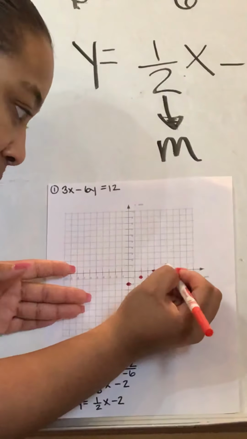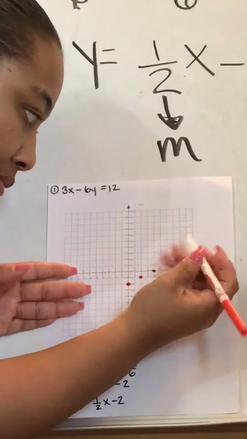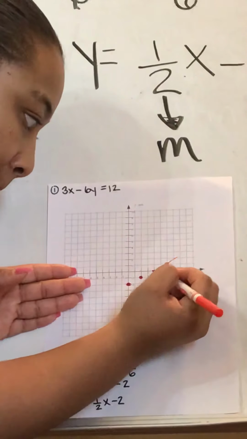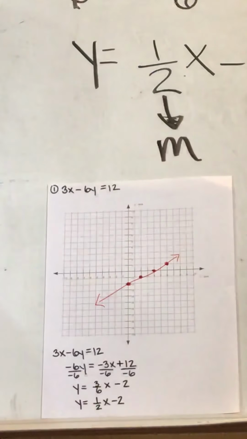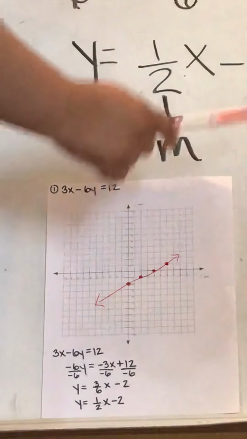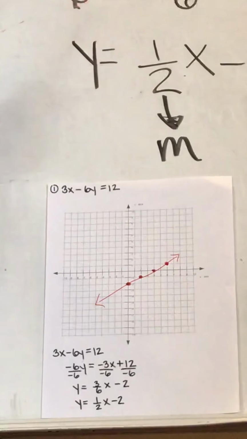And once I have some points, I can connect them. My line is a little crooked because I moved, but you can connect your points by drawing a line. That's graphing by using the y-intercept and doing the slope.